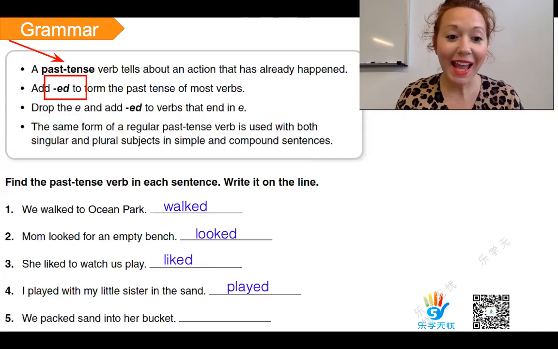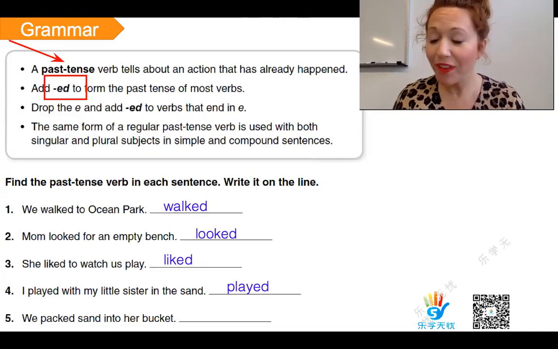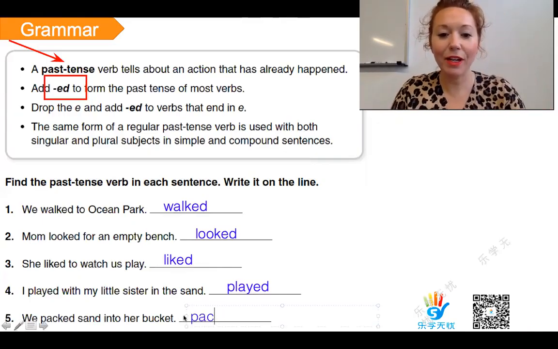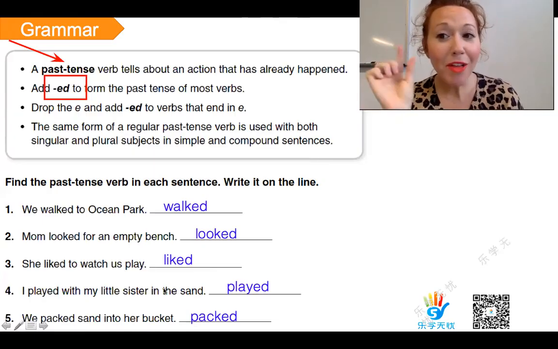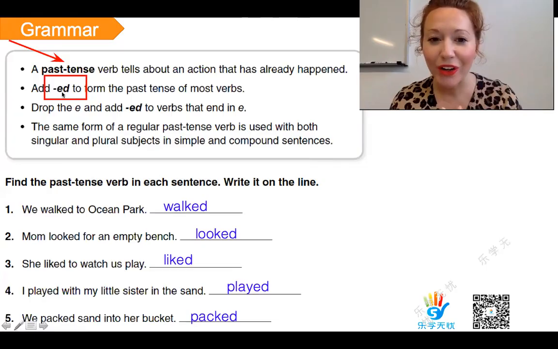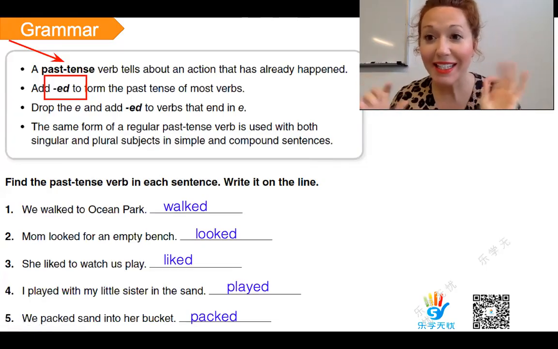We packed sand into her bucket. Can you find the past tense verb? Yes, it is packed. Very good. Okay, so remember that little trick is we want to look for ed at the end of the word, and most of our past tense verbs are all going to have ed.